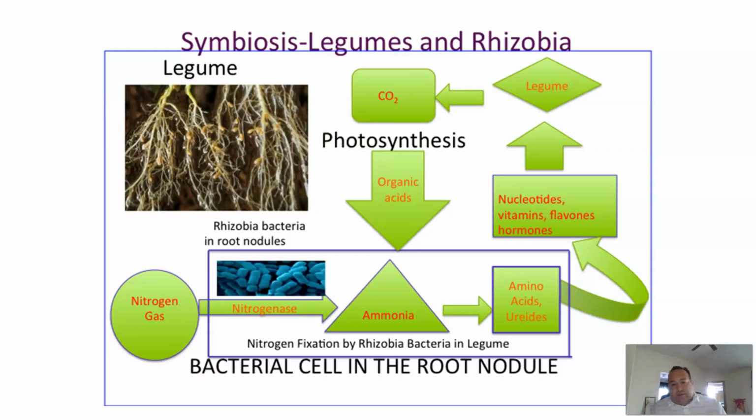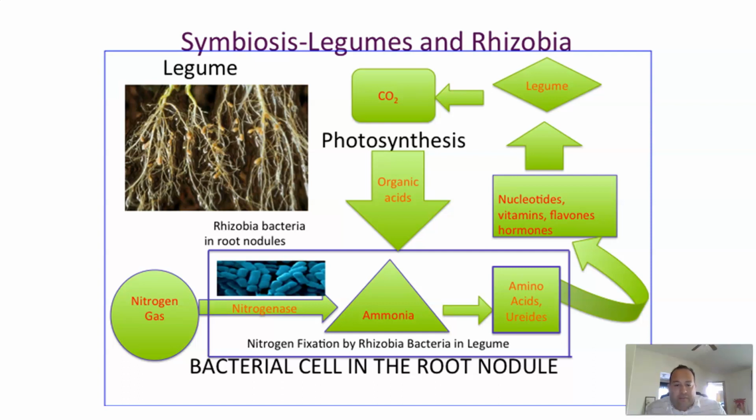And so here's the idea of how that works. We've got our legume, peas, beans, anything in those families. And we have our nitrogen gas in the atmosphere. We get our special enzyme called nitrogenase, and that's going to take our nitrogen gas and turn it into ammonia.